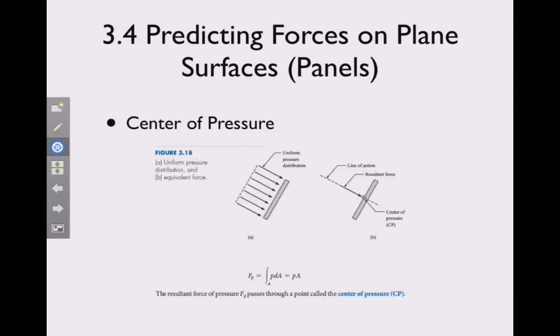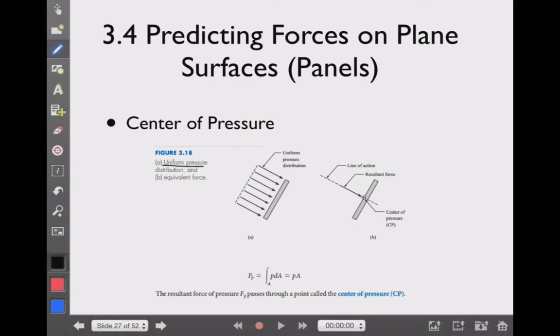So let's look at a couple of different cases. Here we have a case where we have what's called a uniform pressure distribution. As we look down across this panel here, we see that all of these pressure vectors are the same length.